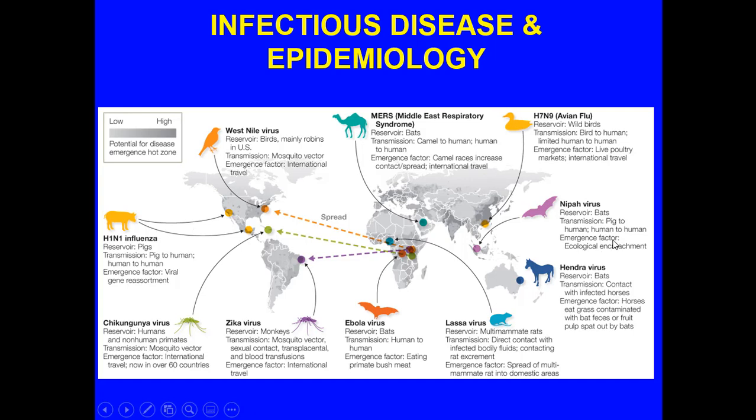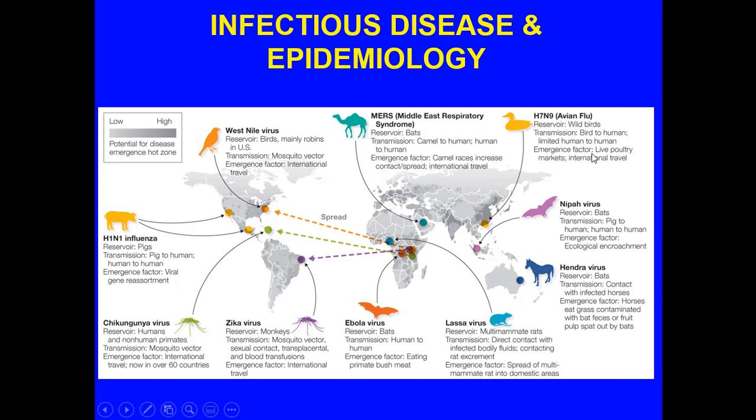The difference with the Nipah, though, was it went from pig to human and then eventually was able to achieve human-to-human contact. And this was basically, in some cases, by ecological encroachment, meaning that human populations would come closer and closer into areas that were primarily the environment for various zoological species, vertebrates, invertebrates, etc. And with West Nile, birds, mainly the birds that were migratory, and some of them went across the United States, and this was West Nile virus.